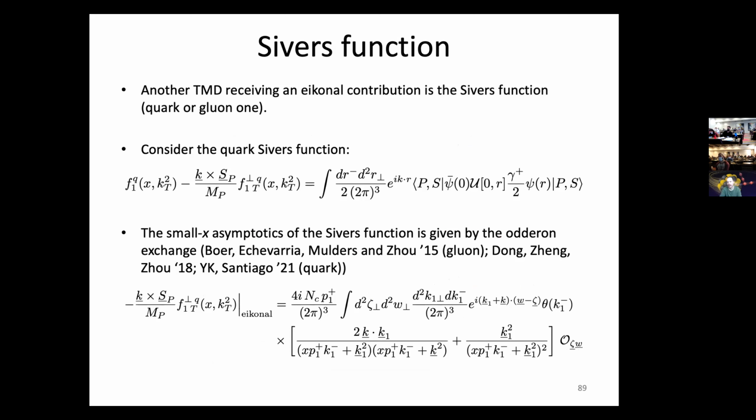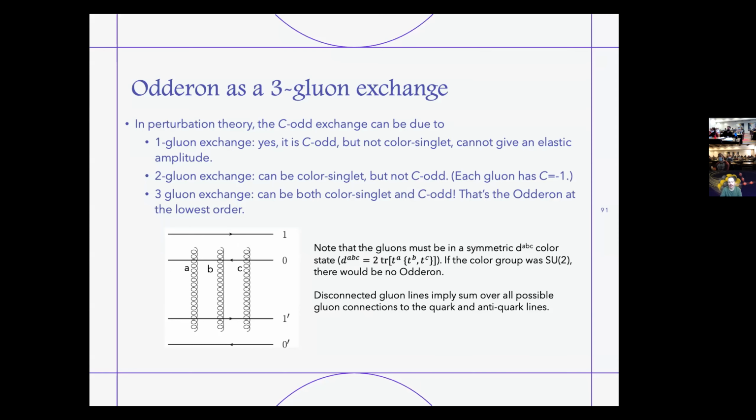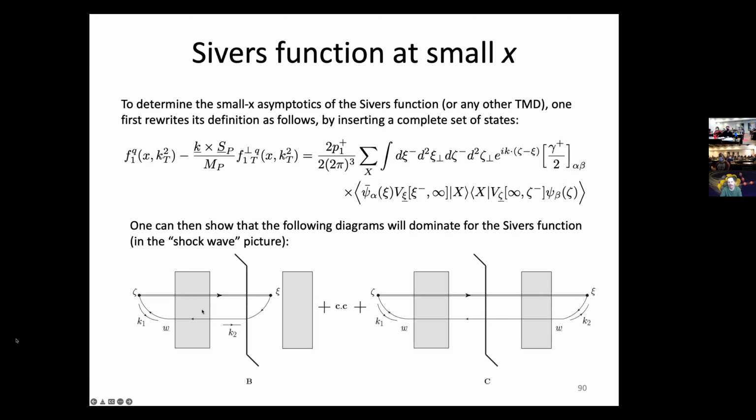It's sort of the usual QCD odderon, which couples somehow to the transverse spin of the polarized proton. Okay, I'll sweep technical details of how to make this connection under the rug. If this formula is not clear to you, all you have to worry about is that it's always the odderon amplitude. f1T perp is the Sivers function.